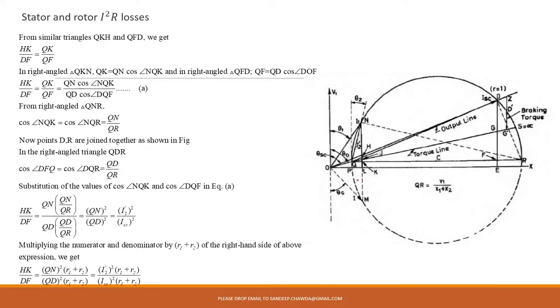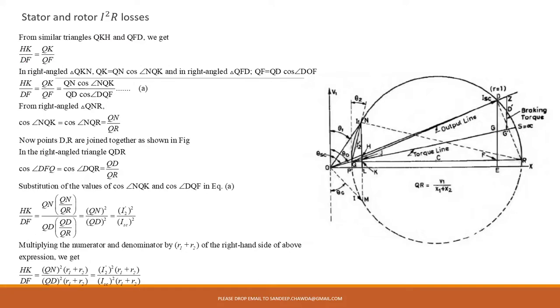So these are similar triangles. So we are going to use the property of similar triangles, and we can write HK divided by DF equal to QK divided by QF. This is nothing but a simple property of similar triangles. So from that we can write this expression.